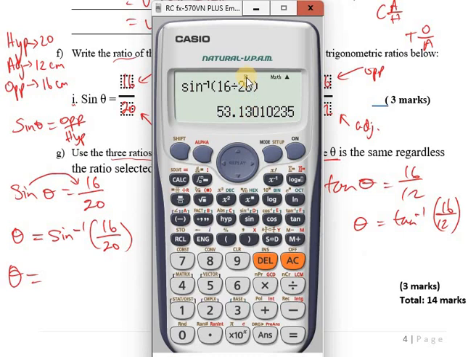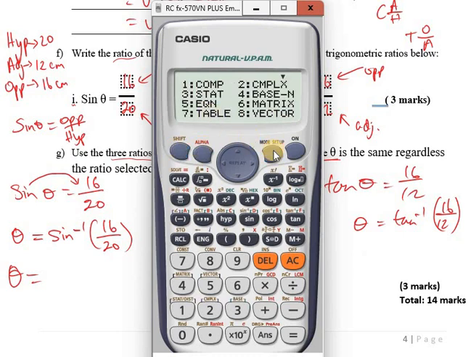Always make sure your calculator is in degree mode. You can press shift, then the mode button here, and choose degree. You want it in degrees, not radians, not gradients. You press the number 3, which gives you degree mode. If you change the mode, the value will actually change. So let's see.